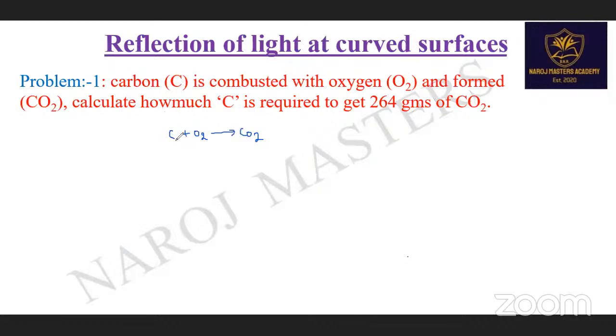The atomic number of carbon is 6, and the atomic mass of carbon is 12 grams. The atomic number of oxygen is 8, and the mass is 16, so 16 into 2 grams, 2 times. It gives rise to 12 plus 16 into 2.